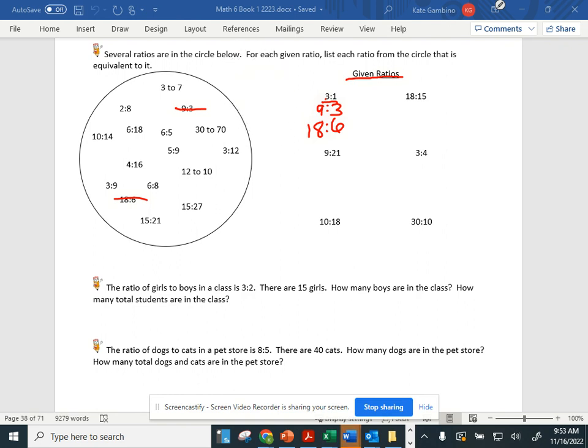You can only use the number once, because none of these given ratios are equivalent to each other. So the equivalent ratios over here, you would only use one time. Good question. So there are only 2 for the 3 to 1.